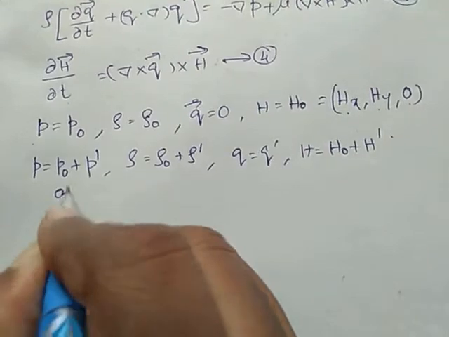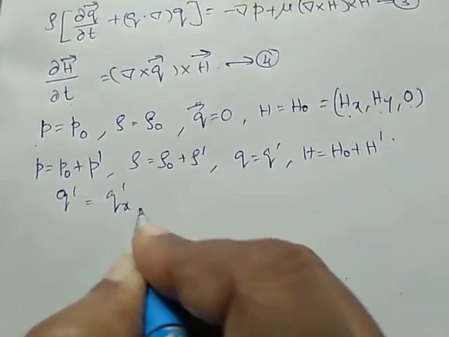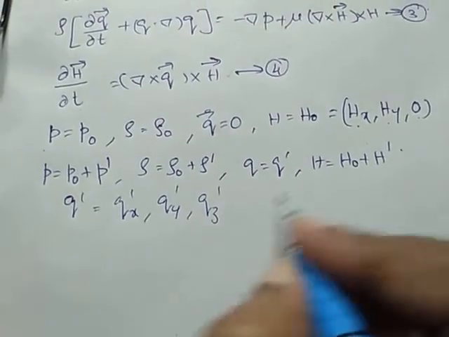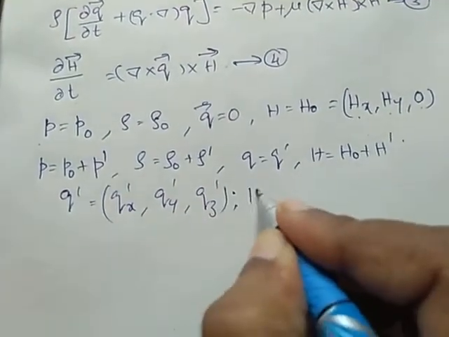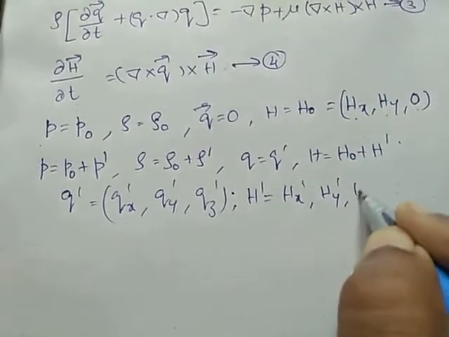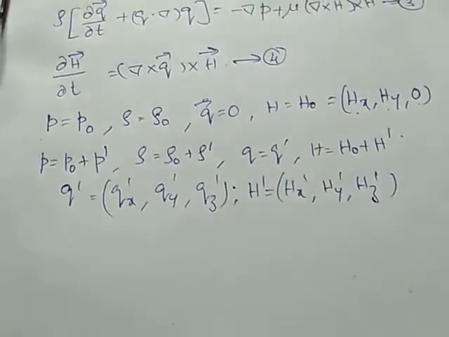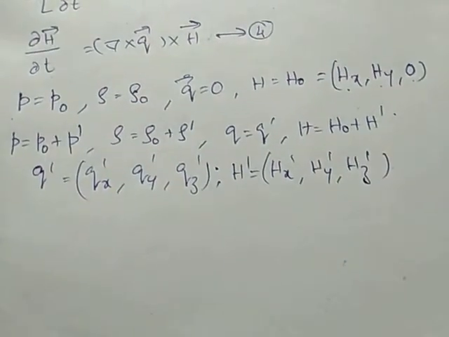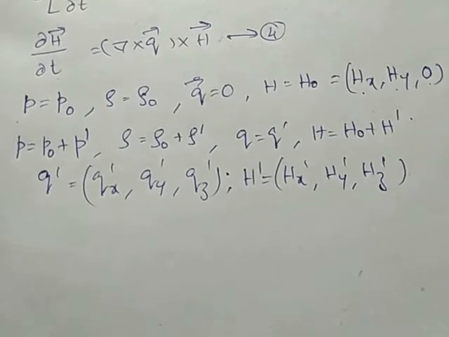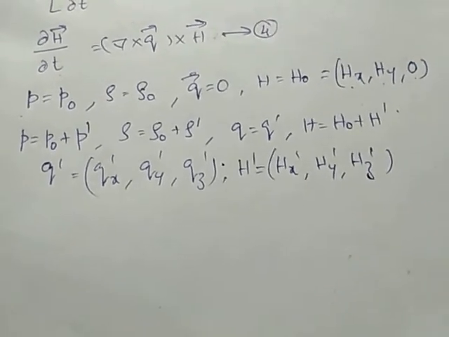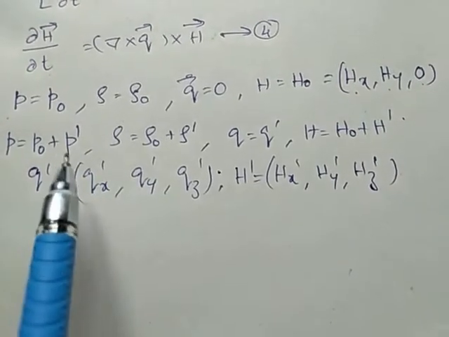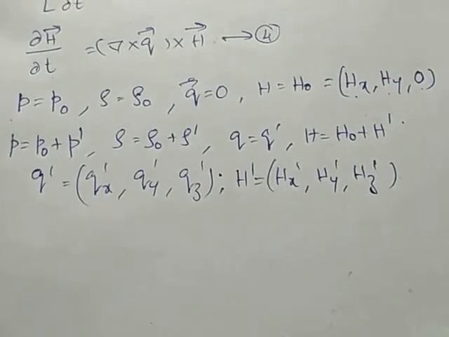Here q dash is qx dash, qy dash and qz dash. Similarly, H dash is Hx dash, Hy dash and Hz dash. Here q dash, H dash, rho dash and P dash are perturbed quantities, and these quantities are very small because we have given a very small disturbance.